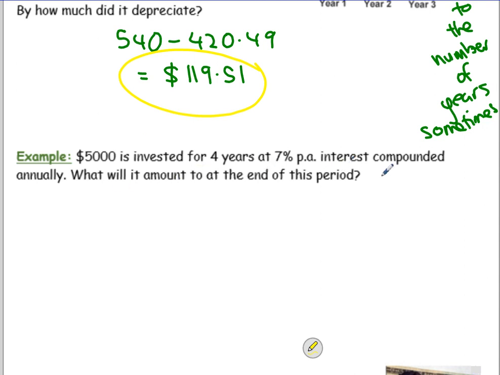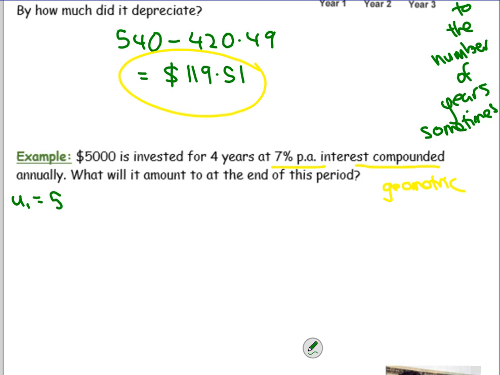So compound interest formulas are like geometric sequences. If it's compound interest, is it increasing or decreasing the amount? It's increasing, so it's geometric because it's increasing at a rate. How much do we begin with? 5,000.